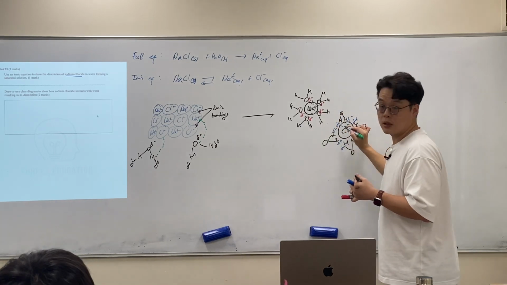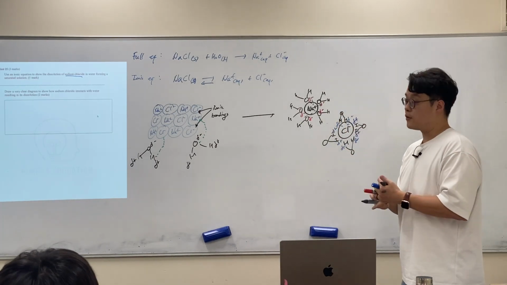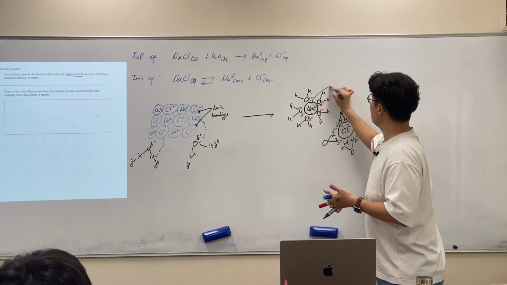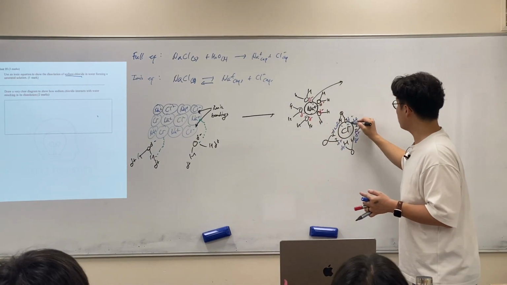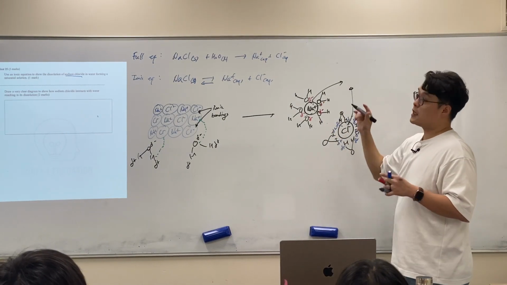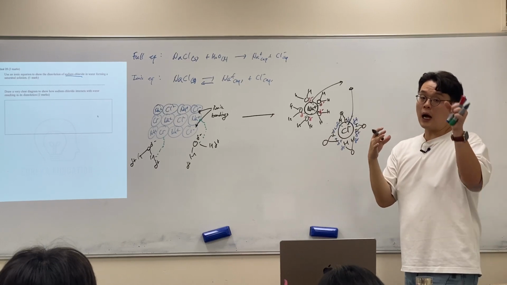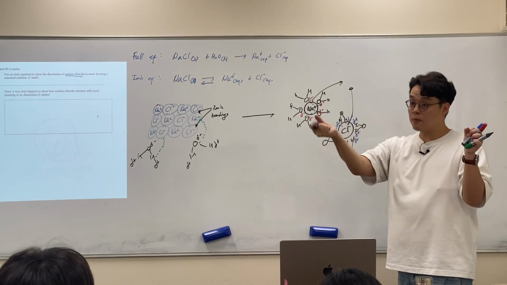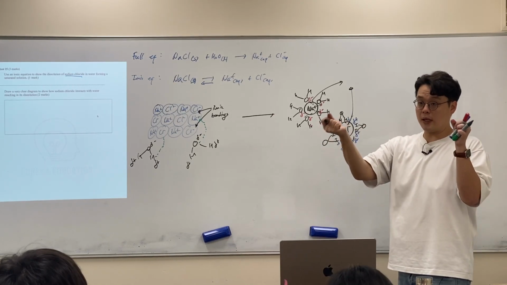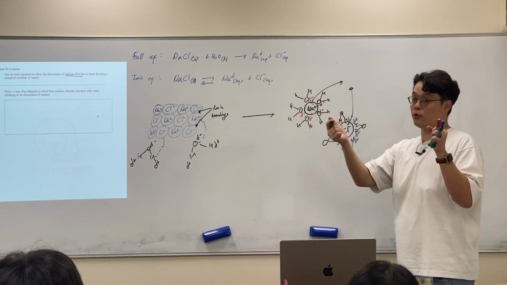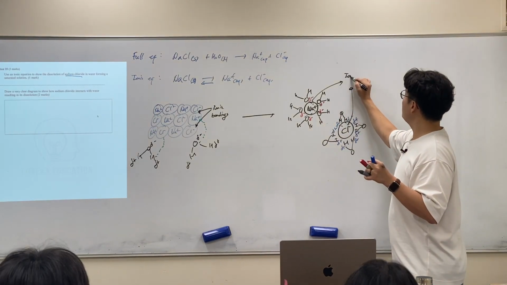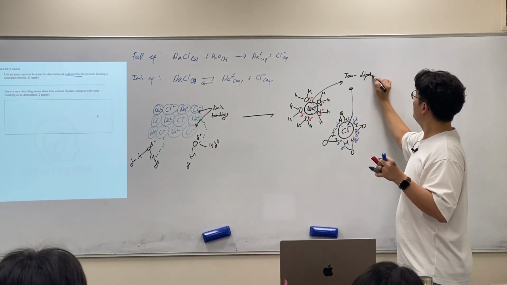Can you see that? The partial charges will be interacting with each other. This interaction, we name it as the interaction between an ion and a dipole. You get the meaning of the dipole now. Ion and dipole: this is known as ion-dipole interaction.